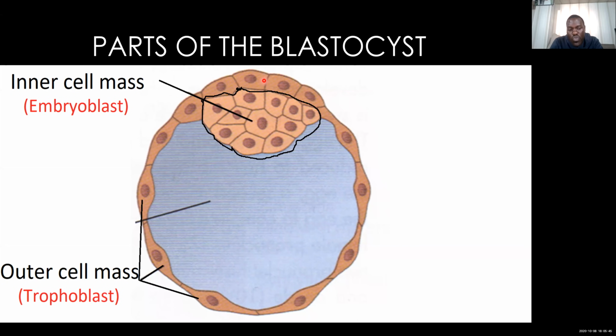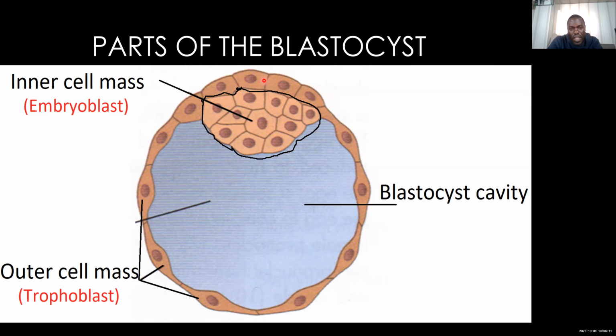The term trophic means to support. And so this is the supporting layer, the layer that will become the placenta. Remember, placenta is a supporting layer. This cavity within the blastocyst is called the blastocyst cavity.